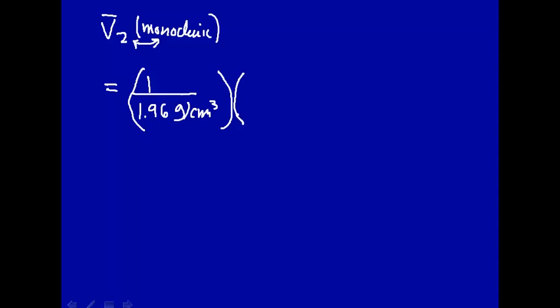So this gives you how many centimeters cubed a gram occupies. And let's convert that to SI units. So let's multiply this by 10 to the minus 6 meter cubed per centimeter cubed. And it'll be clear later on why we want SI units. And now we've got to convert the grams of sulfur to moles of sulfur.